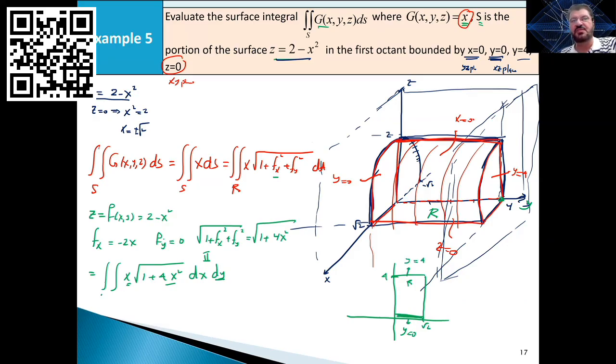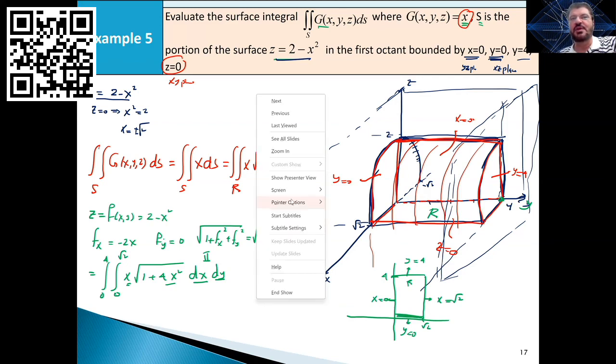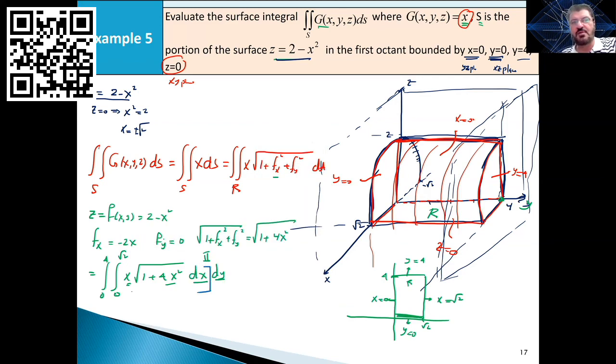So with y, 0 to 4. But for x, this is x equals 0, and this is x equals root 2. So it's from 0 to root 2. Now we integrate from the inside, so we start with the inside.